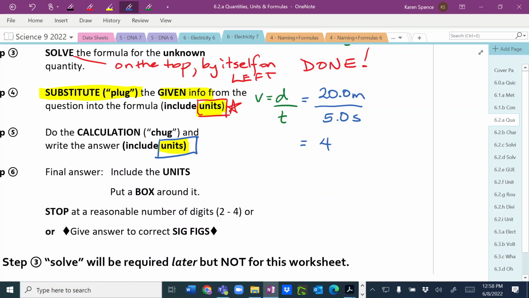We have meters, and we have seconds. And the meters is over top of the seconds. So all you do is you write it as meters over seconds, which is just meters per second.